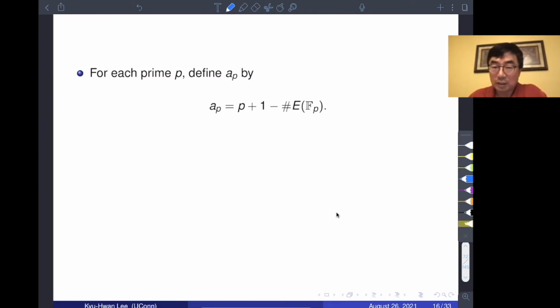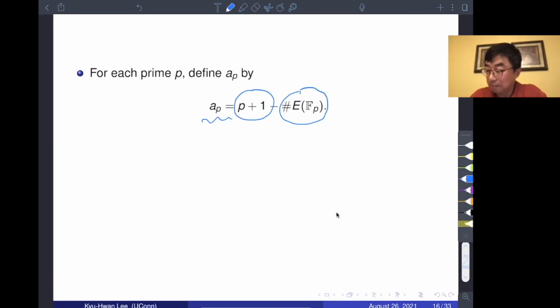So we define this number a_p by this. It is basically the number of rational points over this finite field. You take the elliptic curve mod p, count the number of rational points, the number of roots basically, and then add this.